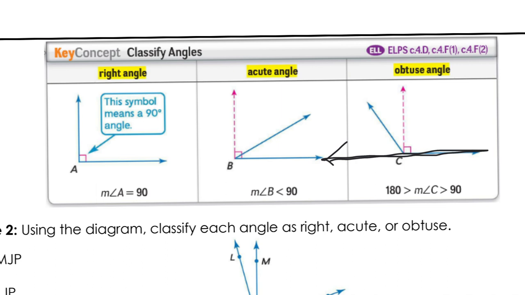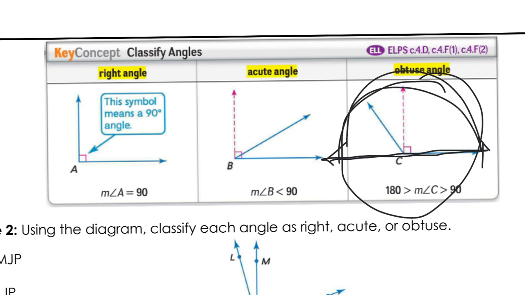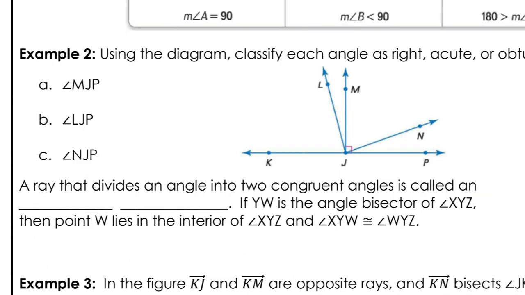And the reason why straight lines have a degree of 180 is because if you think about a circle can travel 360 degrees, a straight line running through the middle of that circle is only going to travel half of the distance. So what's half of 360? 180. So using this diagram, we're going to classify each angle as right, acute, or obtuse.